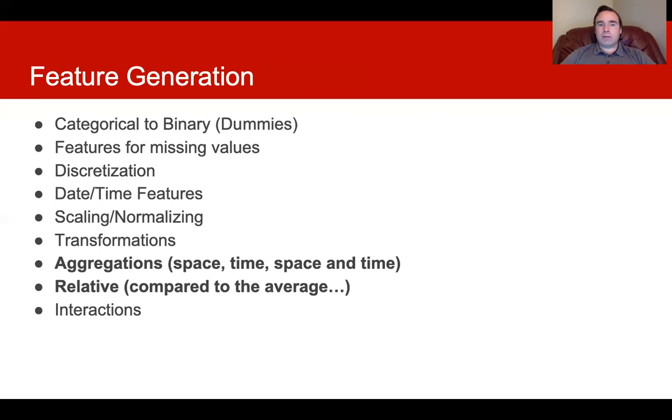We'll talk a little bit about missing values, particularly in the second half of this video. And see the slides; there are a couple of pointers and things to be thinking about in there as well. I do want to spend one or two minutes talking about aggregations and relative features that maybe you haven't seen as much of in previous classes.